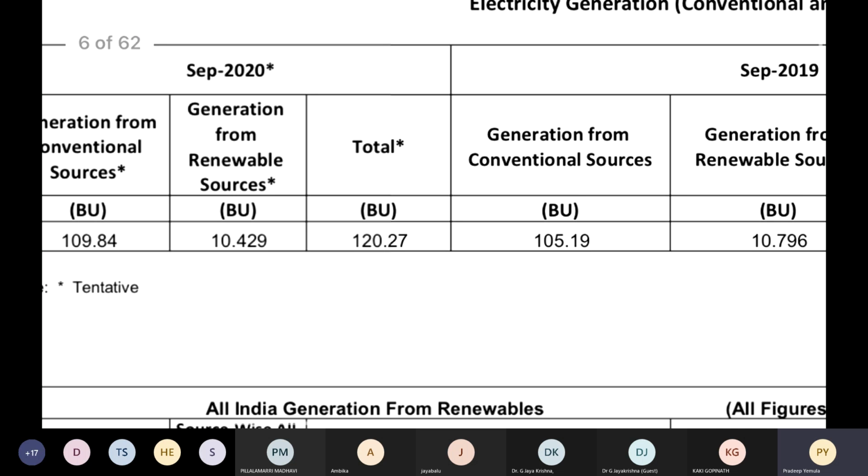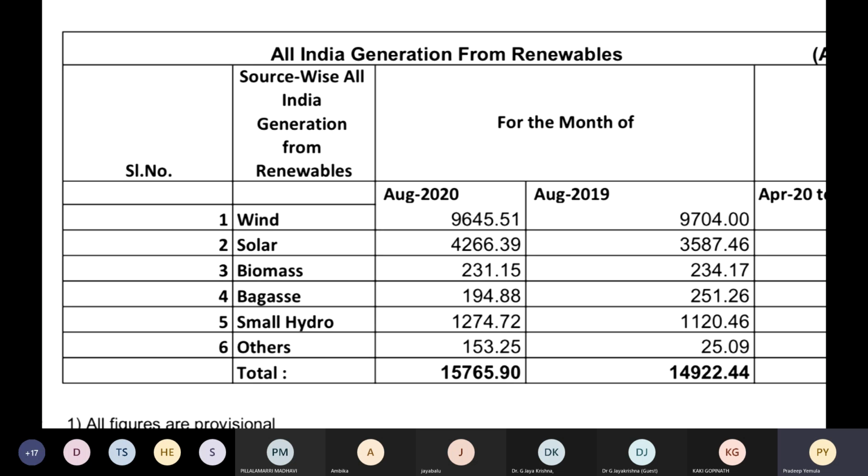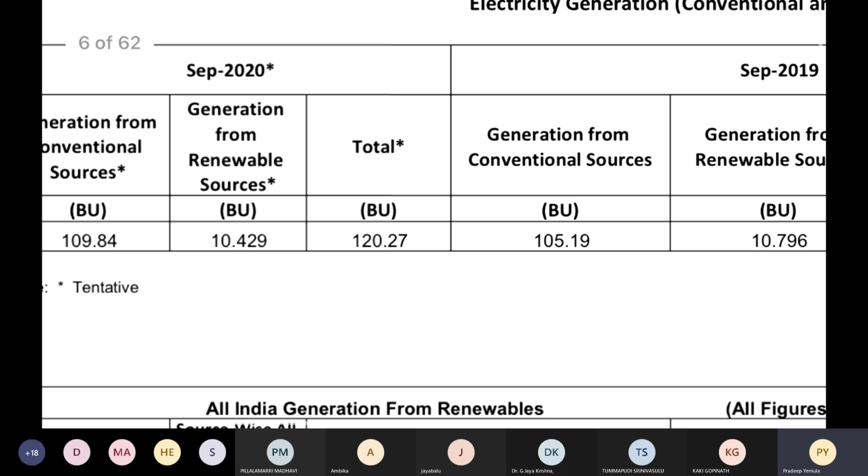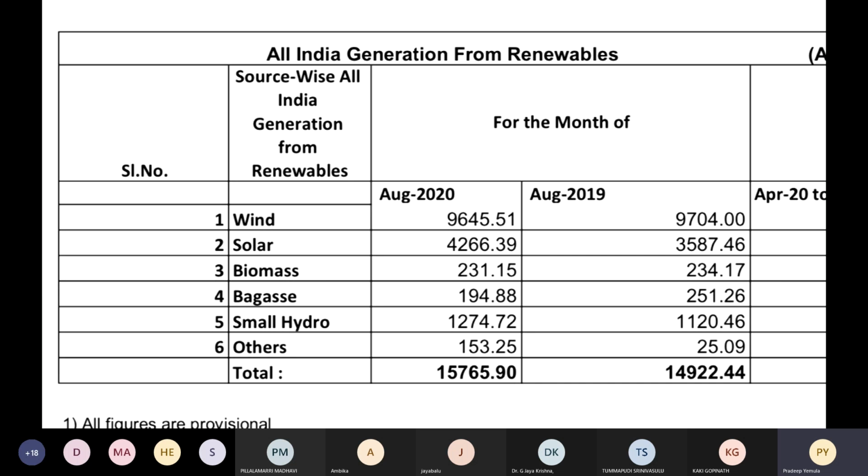Solar has significantly increased. Mostly right now we can see the growth is in the solar sector, but wind is also kind of growing.